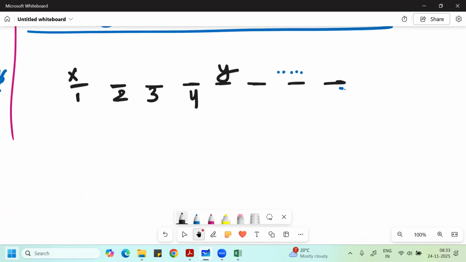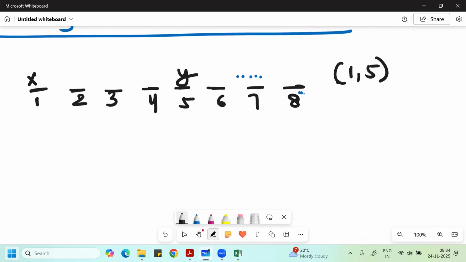So this is the one way. That means X and Y, if they sit in positions 1 comma 5, then you have the remaining 6 people. 6 people can sit or stand in 6 factorial ways, and X and Y can interchange their places in 2 factorial ways.